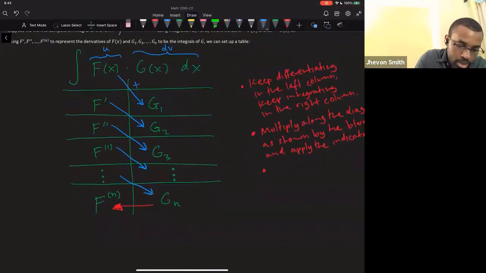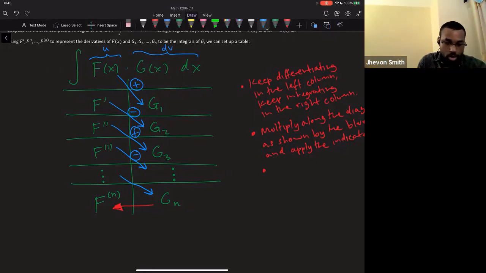You apply a plus sign to the first multiplication, negative, positive, negative, etc. You don't really know what this is going to end up being, but by the time you get here, you're going to have some sign, plus or minus, depending on whether you did this an even number of times or an odd number of times. And of course, before that, you had to have a minus or a plus.